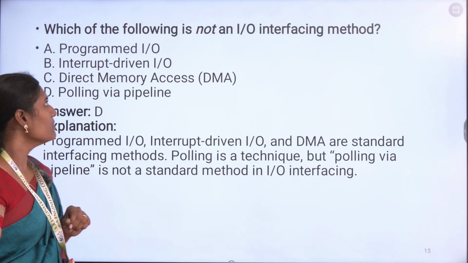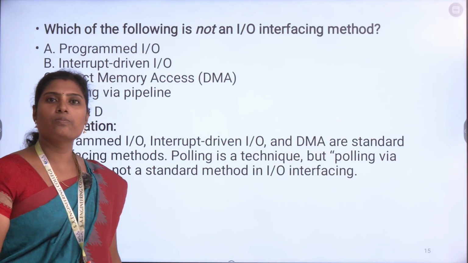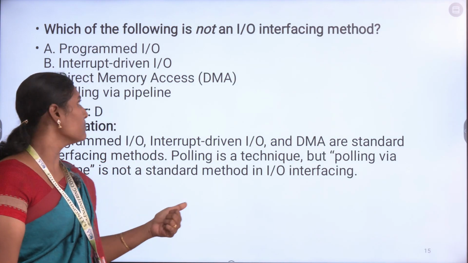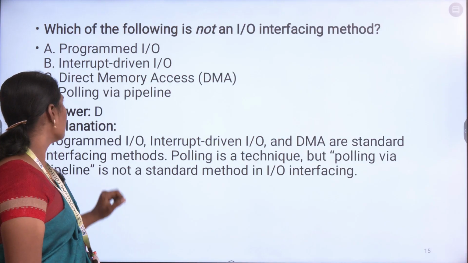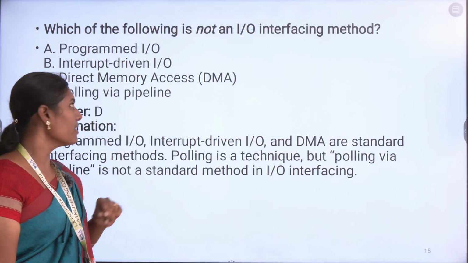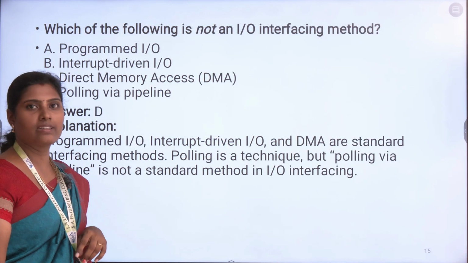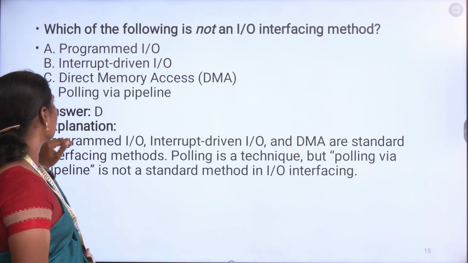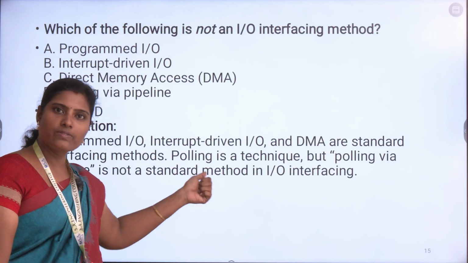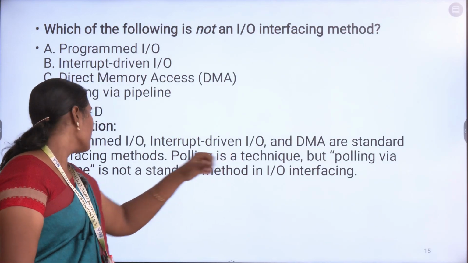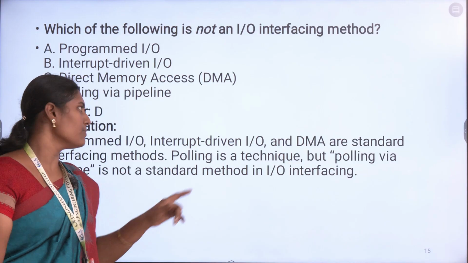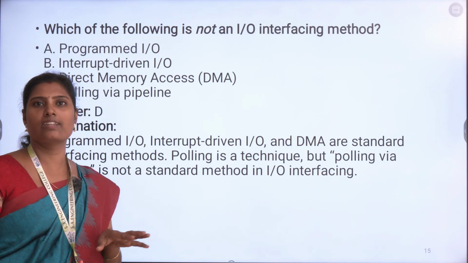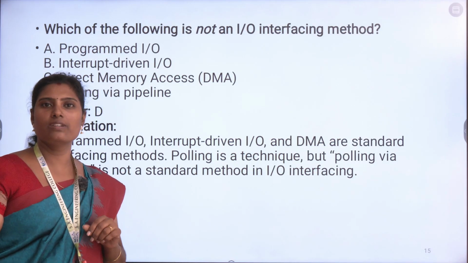And the second question is, which of the following is not an input-output interfacing method? We have 4 options listed here: programmed input-output, interrupt-driven input-output, direct memory access DMA, and polling via pipeline. The correct option is polling via pipeline, because programmed input-output, interrupt-driven input-output and DMA are standard interfacing methods, whereas polling via pipeline is not a standard method for input-output interfacing.